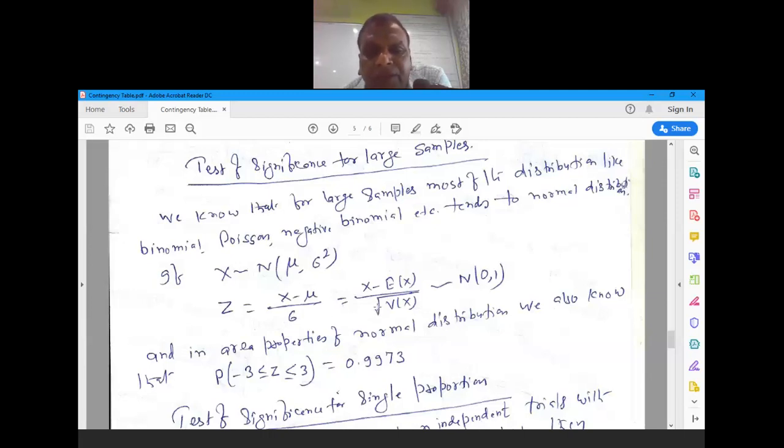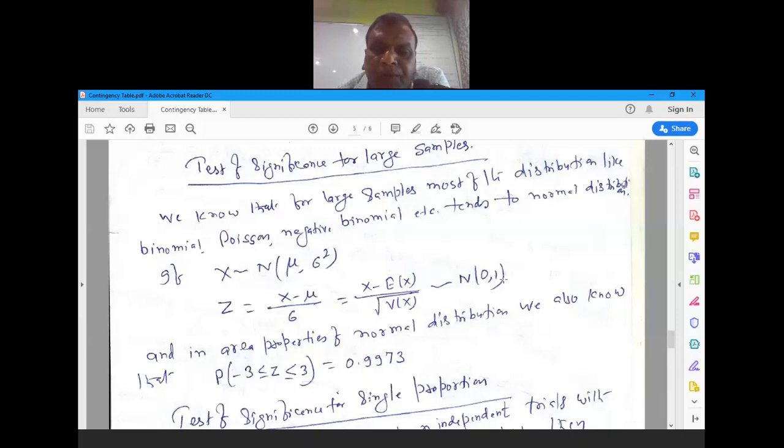That's why z can also be written as x minus expected value of x divided by the square root of variance of x, and this follows a standard normal variate with mean 0 and variance 1.